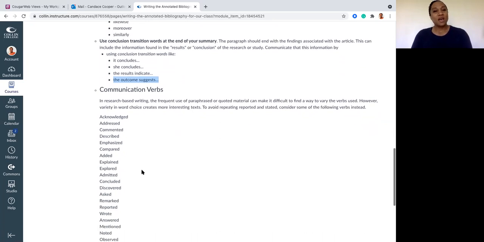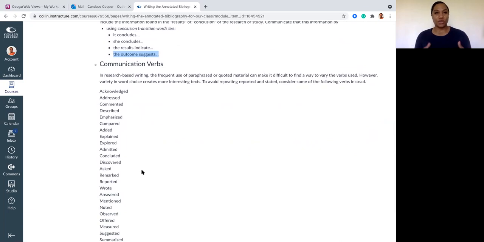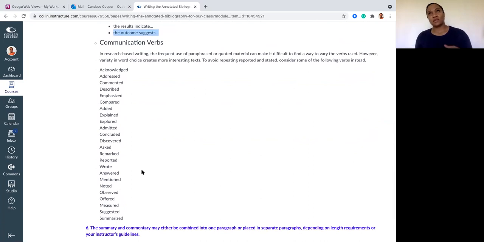Okay. Another thing that you want to be aware of when you're writing the body paragraph is that the body of the paragraph is going to be your communication verbs, right? So we're going to move beyond saying it said, she said, they wrote, etc. Said and wrote are overdone. There are a million ways, well, not a million, there are at least 20 ways to say that someone's communicating something. And what you want to do is be precise with that.